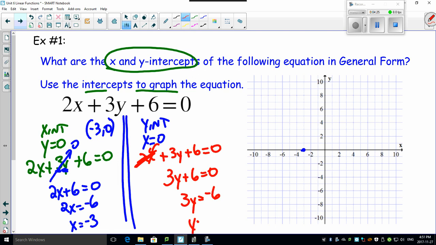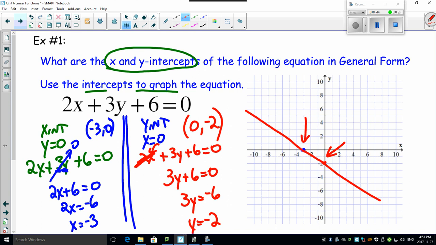Divide by 3, you get y equals minus 2. So you've got another point here of 0, minus 2. So check this out. 0, minus 2 is right there, and guess what? There is your graph. So I'm giving you the x coordinate and the y coordinate, and holy smokes, you can do so much with the general form.